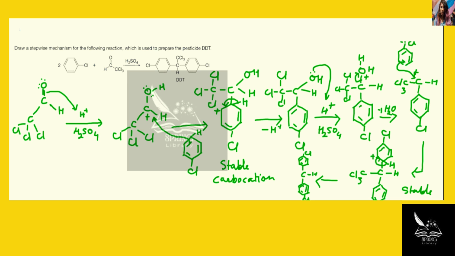This is chlorobenzene, and this part of the DDT with 3 chlorine. So this is the final compound formed, DDT, after all these steps.